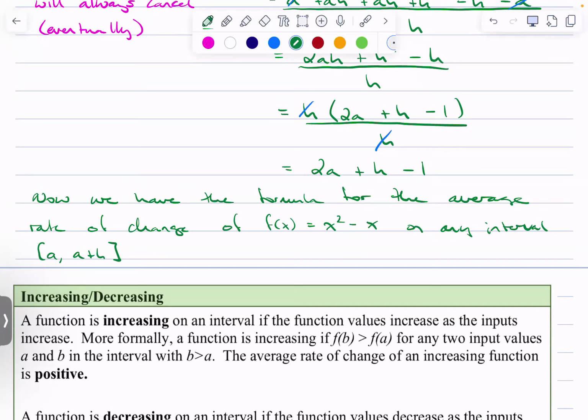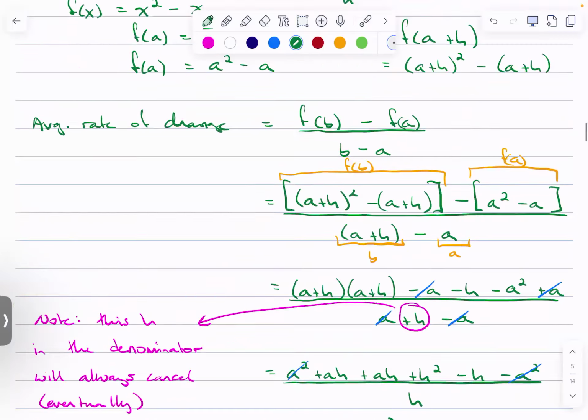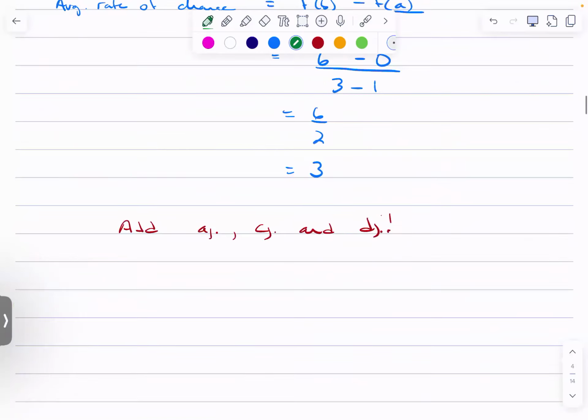Should we try it on the one that we did, to make sure we get the same answer? So we have 2a plus h minus 1.